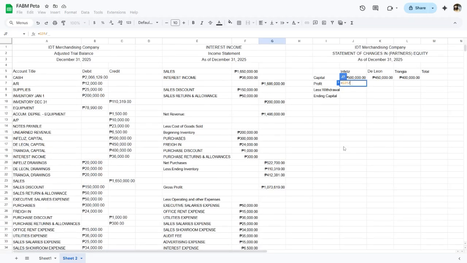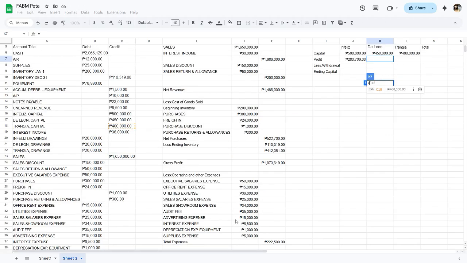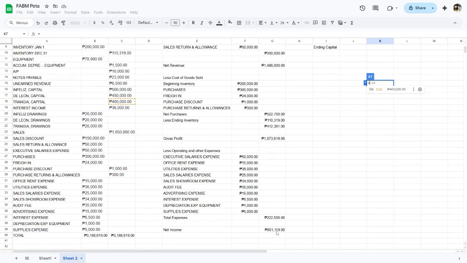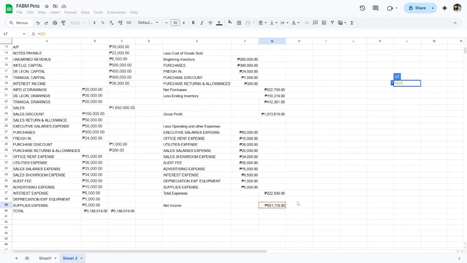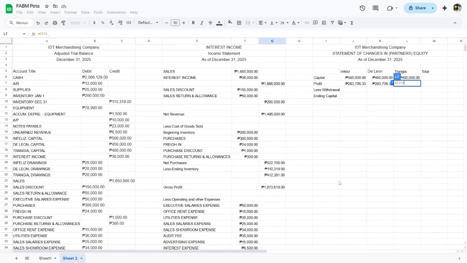divided by 3, since it is an equal partnership. Again, net income divided by 3. Then again, net income divided by 3.